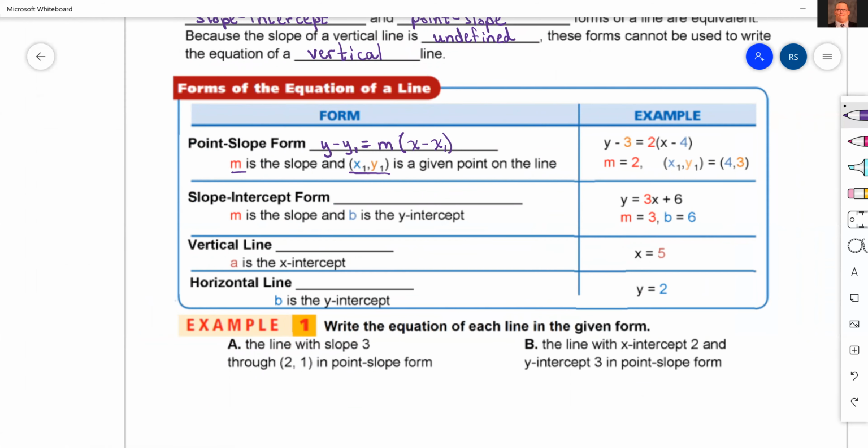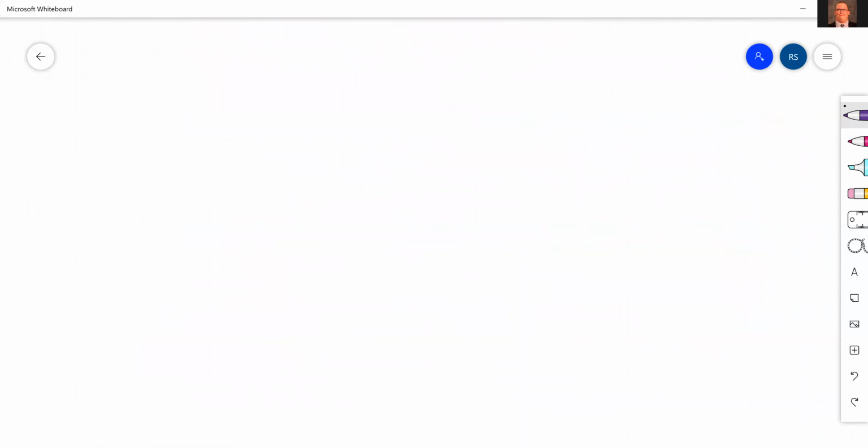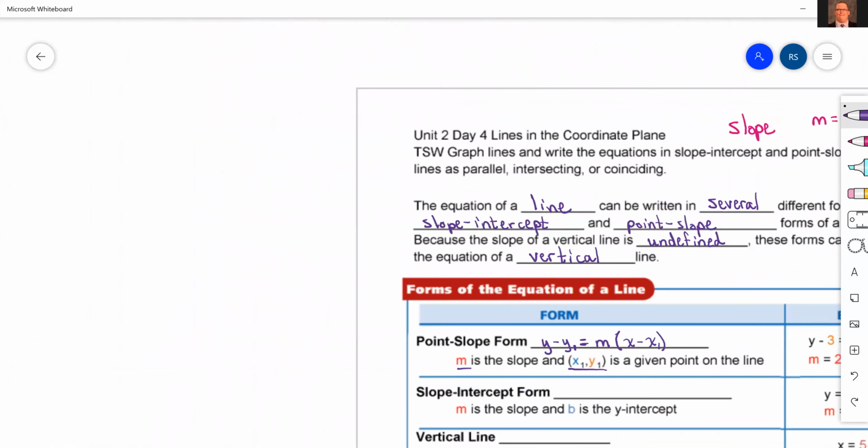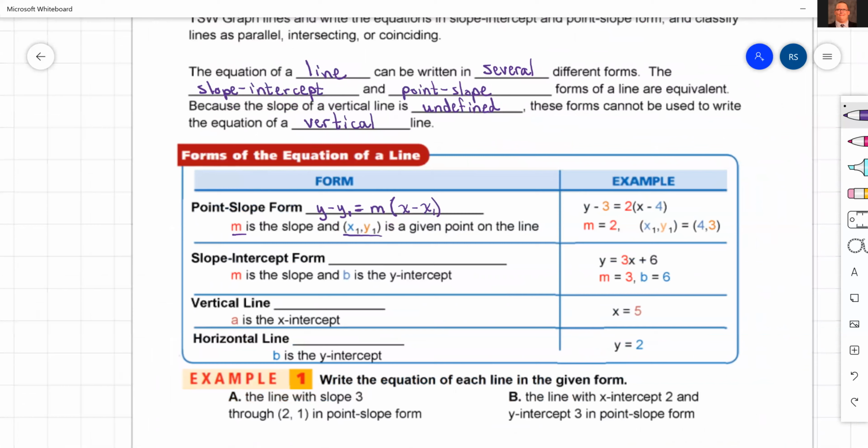Slope-intercept form is the one that you're probably more familiar with. That's y equals mx plus b. Of course, m is still our slope. B is the y-intercept.